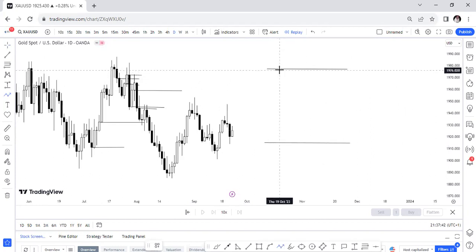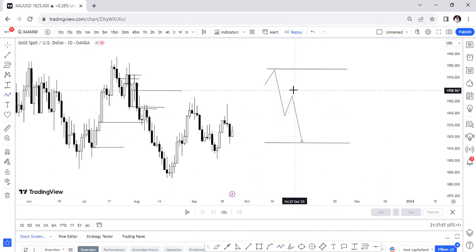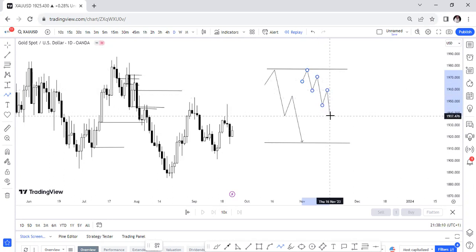So if this is the daily, and price moves like this in daily, that means under 4 hours, you will see something like this, a multiple breakout and pullback.